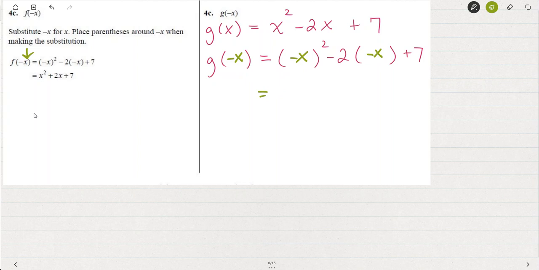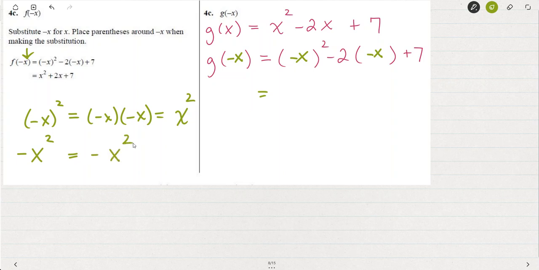Just a side note, the opposite of x squared is the opposite of x times the opposite of x. So that's going to be positive x squared. If I had it like this without those parentheses, it would be negative still, right?